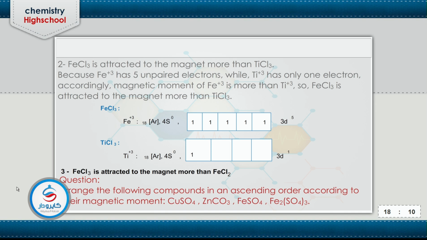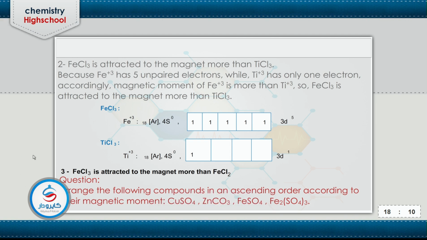The first one is copper 2, the second is zinc 2, the third is iron 2, the fourth is iron 3. And we draw the electronic configuration of each cation.